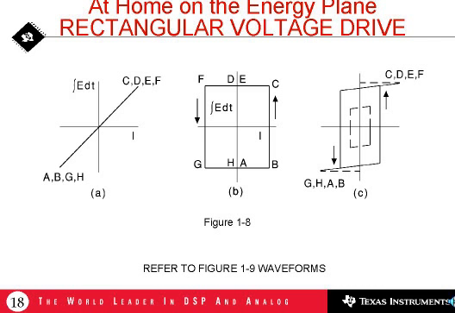Again, that's 1,000 volt microseconds total movement along that axis going from F to G. And then finally, when the voltage goes instantaneously from minus 10 to plus 10, the current goes again from minus 10 amperes to plus 10 amperes and changes instantaneously from G to B.